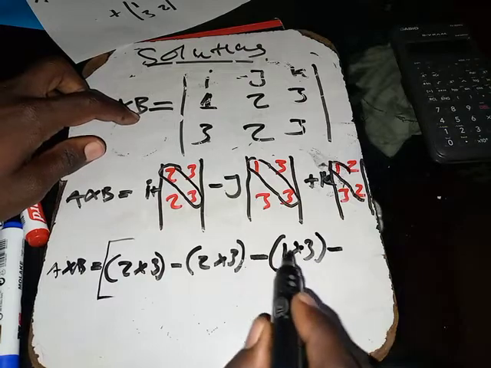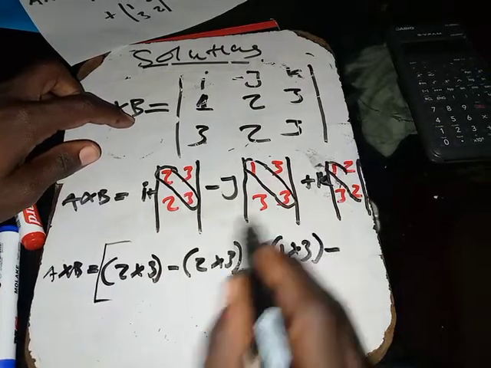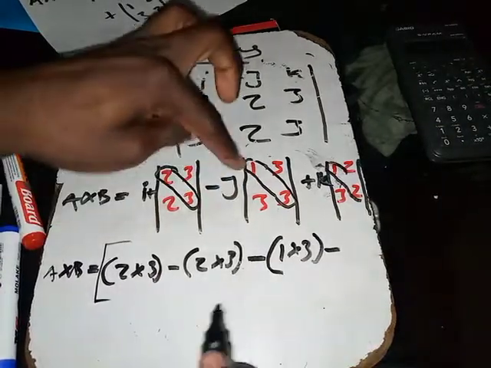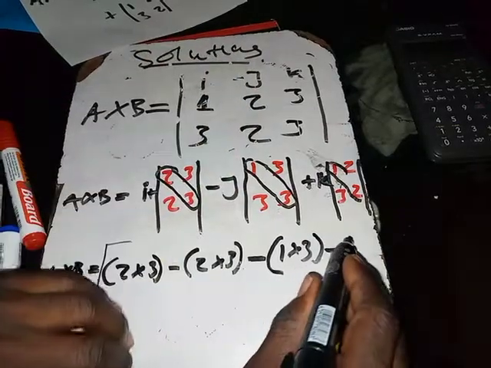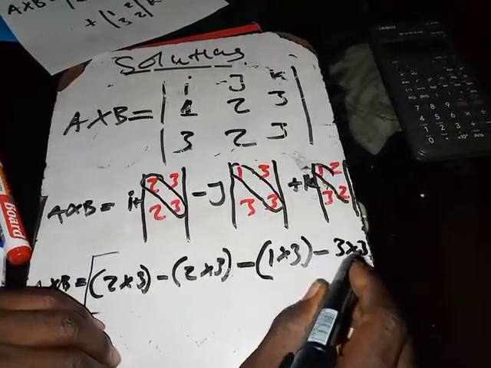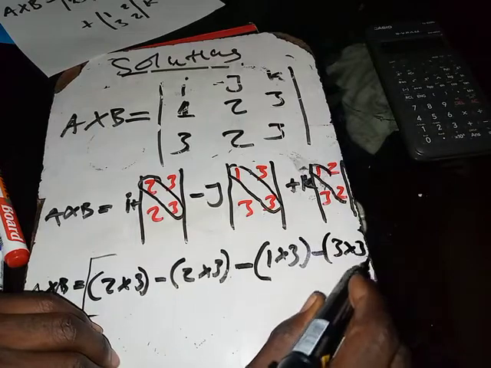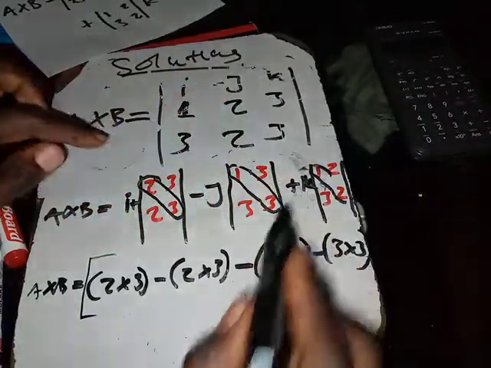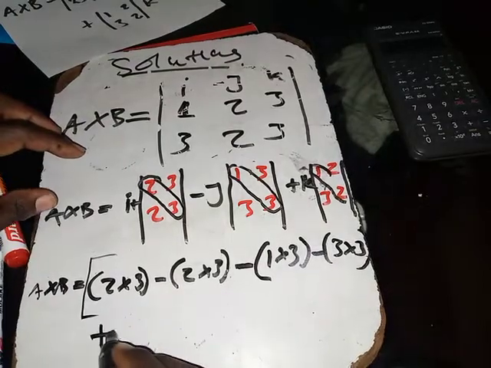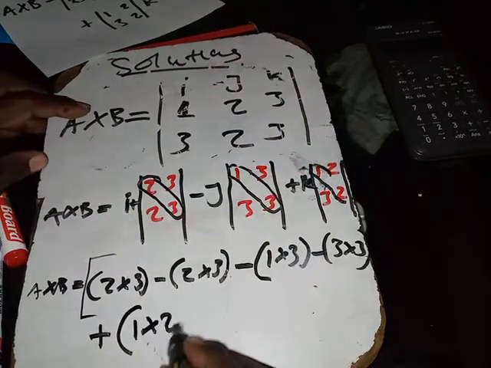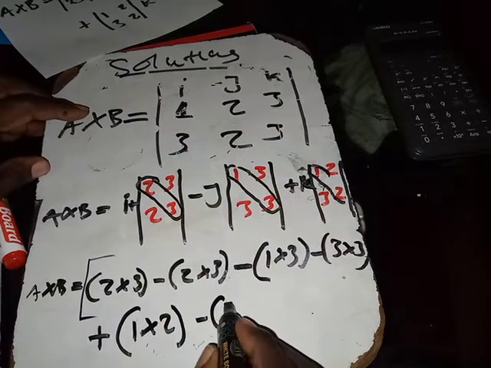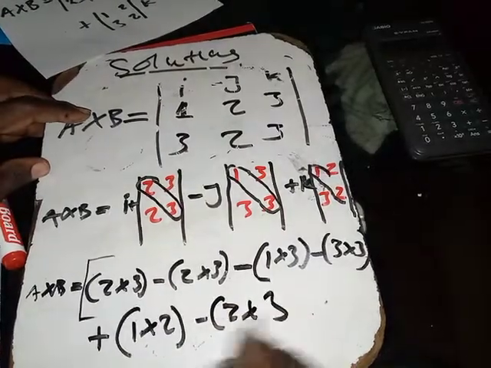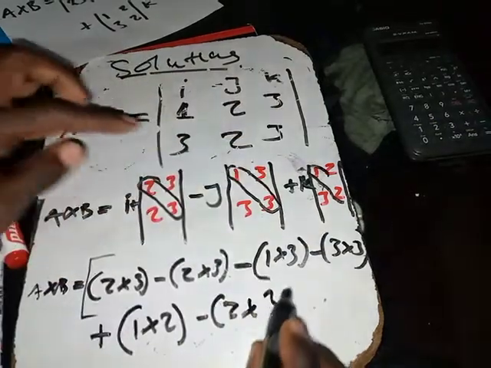In fact here if you want you can even put 1 times 3 minus 3 times 3 as the minor diagonal. Next, plus, we are dealing with k, so I'm going to say plus. Major diagonal 1 times 2 minus 2 times 3, this.